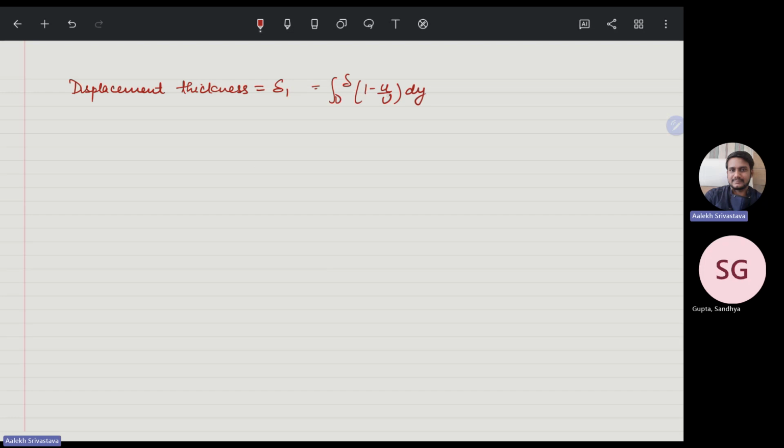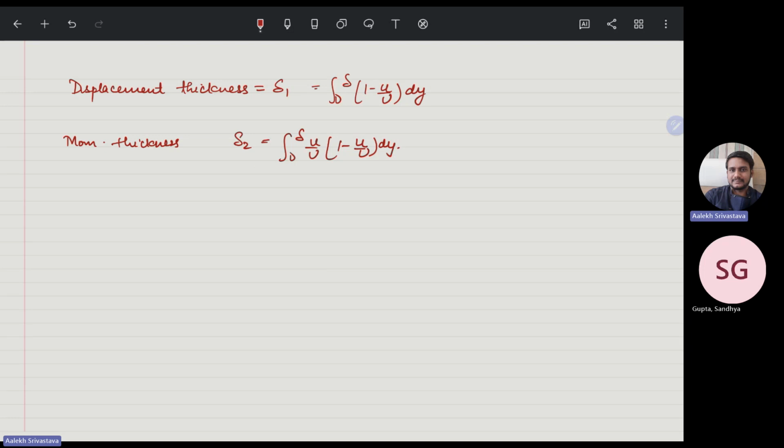This equation can be solved if you know the velocity profile. And the momentum thickness, suppose I am saying delta 2, is the integral from 0 to delta of small u by capital U times 1 minus small u by capital U dy. Okay, all these things we will try to solve.